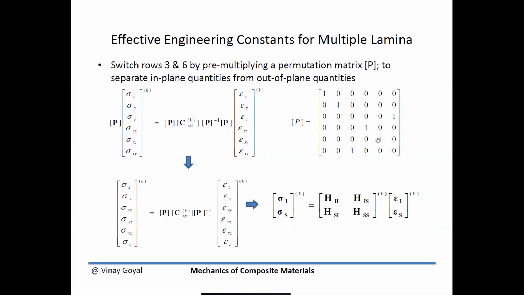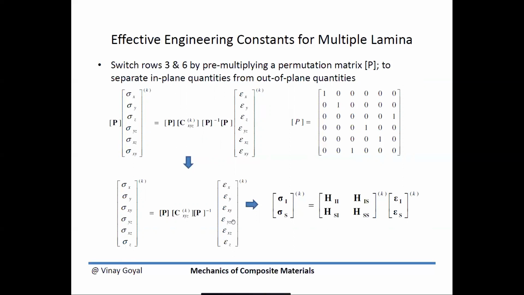And if I use P with this formula, and I multiply this matrix by this column vector, sigma z will switch to the bottom, and then sigma xy will switch to the third row. So that's just a trick. And also the strain here on the right-hand side, P times this vector, will allow us to segregate it in this manner.